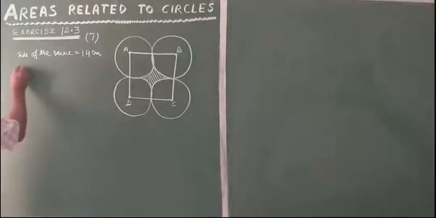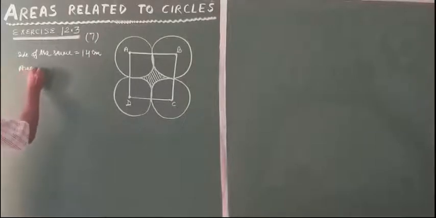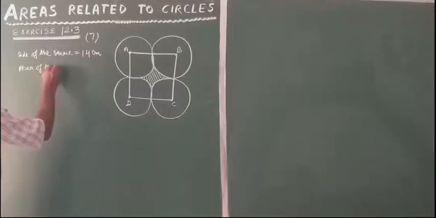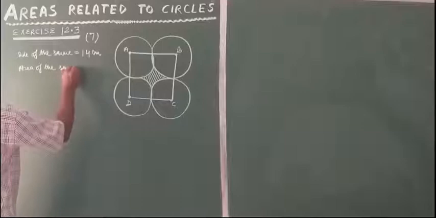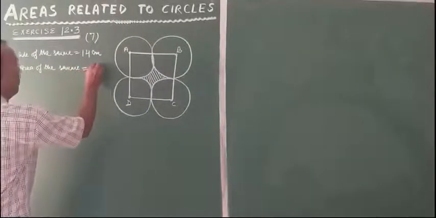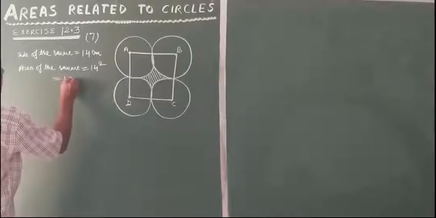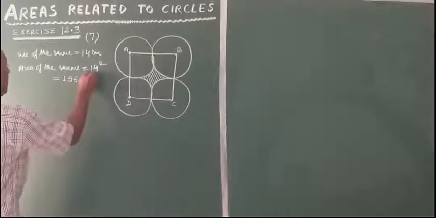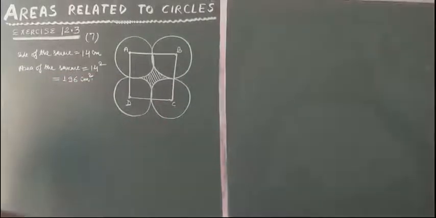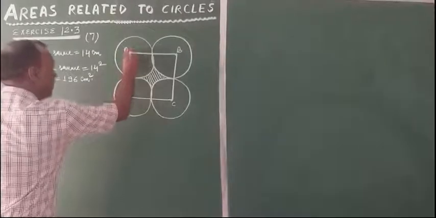First, area of the square, that will be 14 square. This will be 196 centimeter square. Now first we will find this radius.